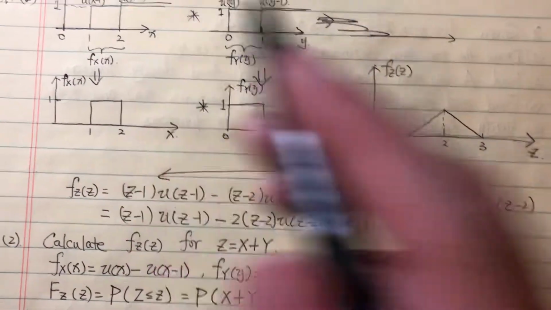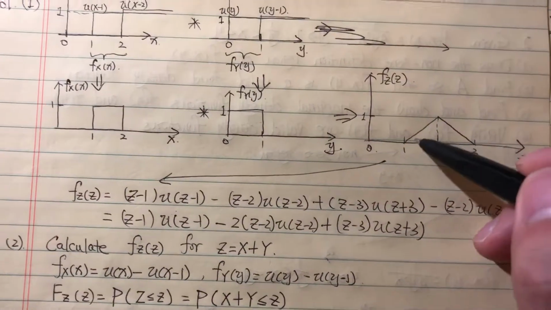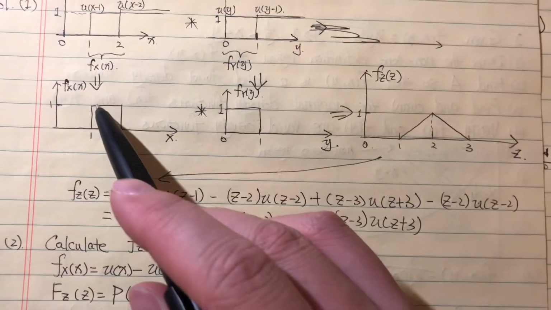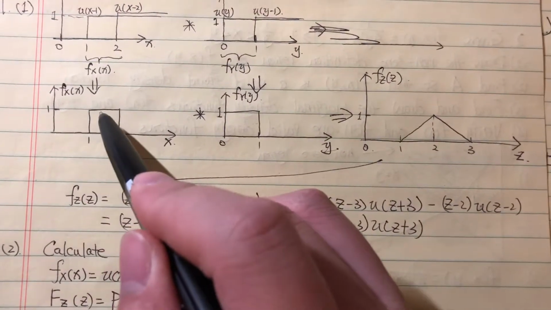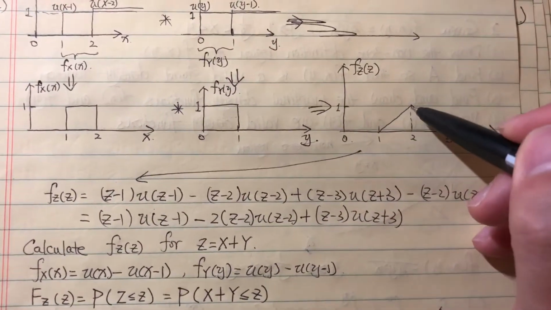We see where the common area is between these two. When it reaches 1, it starts to have common area, and as we move forward the common area increases linearly.